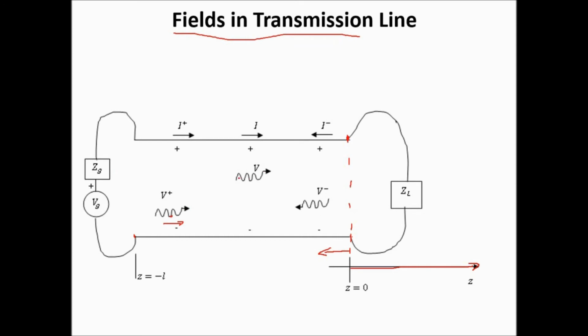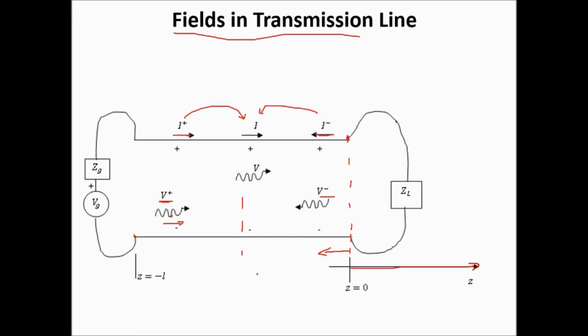And here we have the total wave, which is the sum of these. Similarly, for the current, this is the forward current I plus, and this is the returning or reflected current I minus, and I is the sum of these. So I is the total current at any point. So at any point we have voltage V and current I; at the load, the reflected voltage is V minus and current I minus, and the incident or forward voltage is V plus, I plus.